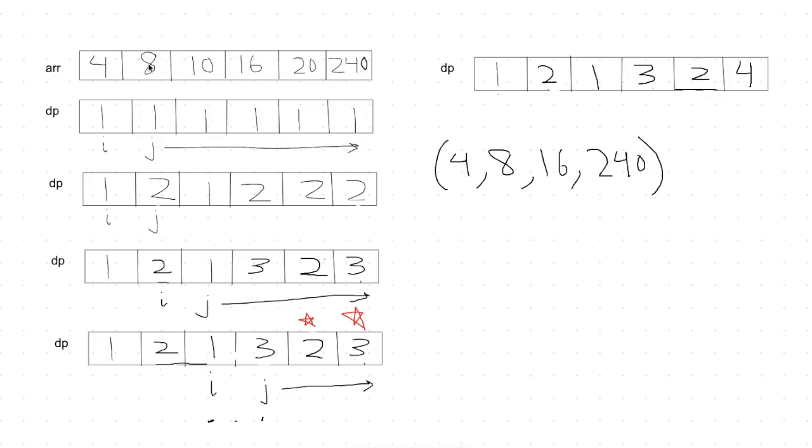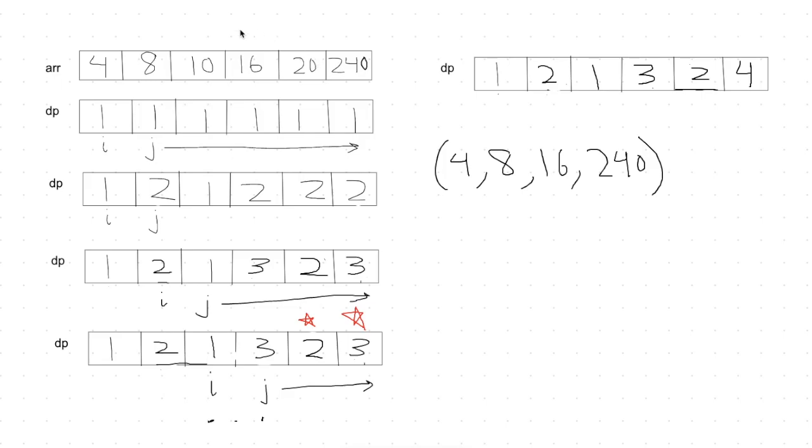So is 10 divisible by 8? No, it isn't, which is why the maximum subset size is still 1 here. 16 is divisible by 8, and now it has a size of 3. So 16, 8, and 4. Notice the way we updated this is we just add 1 to the maximum subset size at this position, or what we saw at element 8.